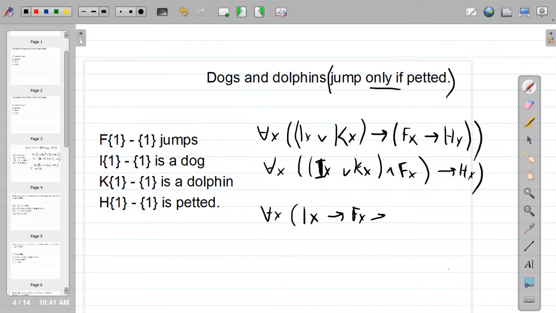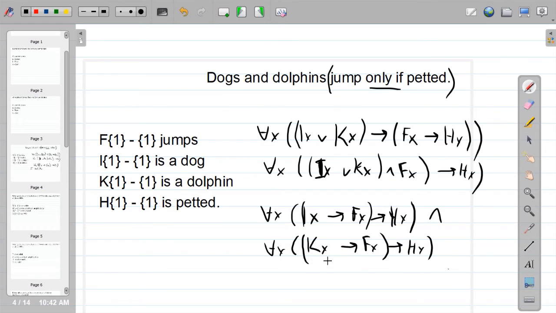So if you're a dolphin, then if you jumped, then you were petted. And if you're a dog, then if you jump, then you were petted. Yeah? So we just separated out what we combined into one universal statement into two universal statements.